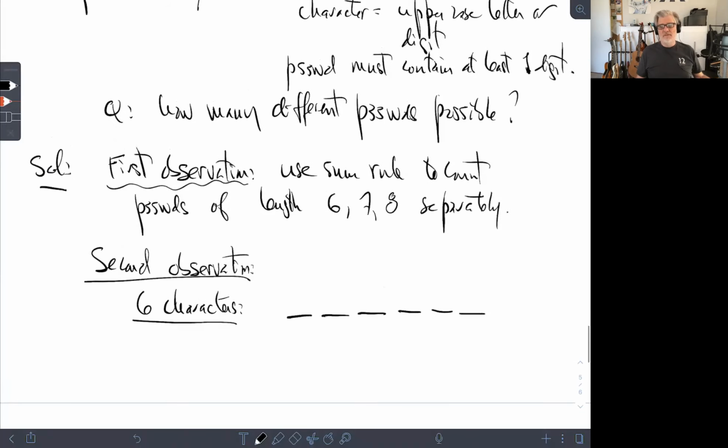Each one of them is either a letter or a digit. That's great. And there's no restrictions on repetitions, which is always good news. But I have to make sure that there is at least one digit.